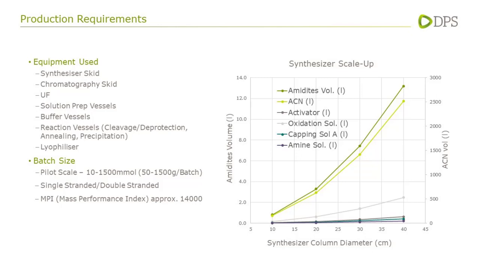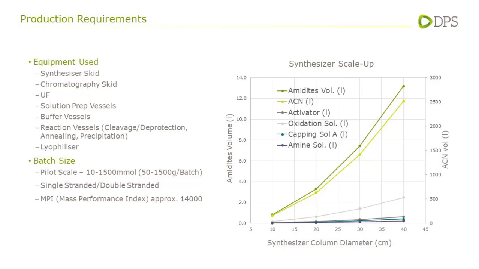As I mentioned before, the rate of solvent usage is quite large. You can see from the graph the rate of increase in volume of the solvents used with the increase in batch size as indicated by the column diameter.